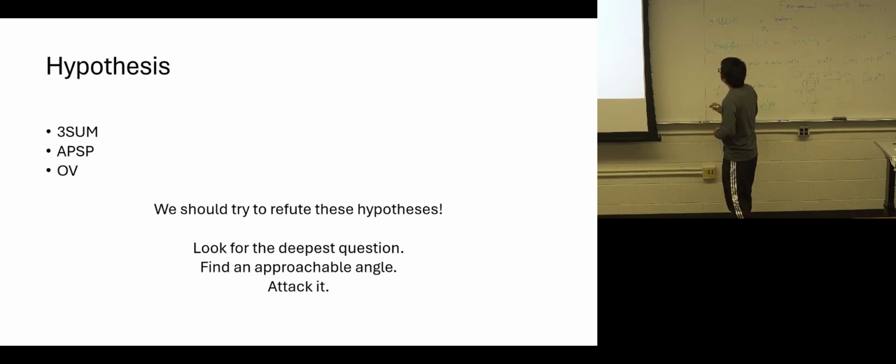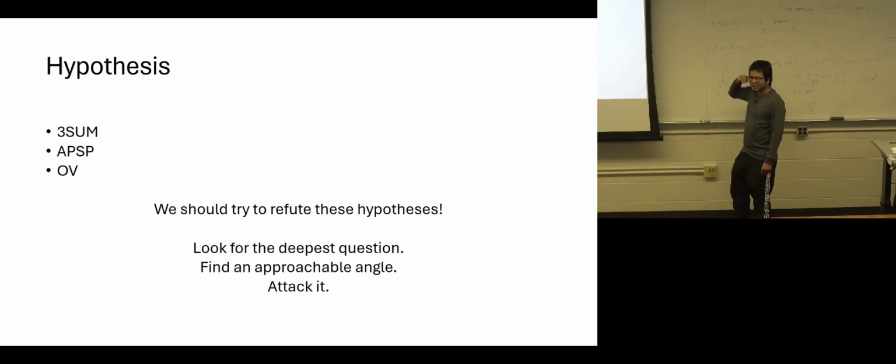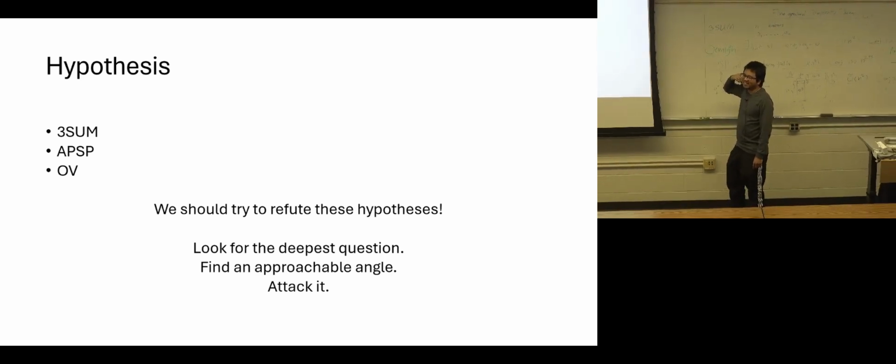It's not too complicated to describe, so I don't think the constant inside is too big. But I think log to the fourth is still quite big. So I think the log to the fourth can be improved. It should be possible.